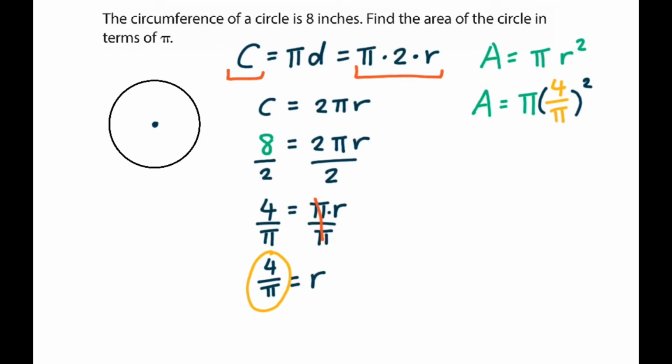After that, we can solve by writing pi times 4 over pi times 4 over pi. An exponent of 2 basically means you're multiplying the base twice. You can also write the pi as pi over 1 to help you multiply fractions.